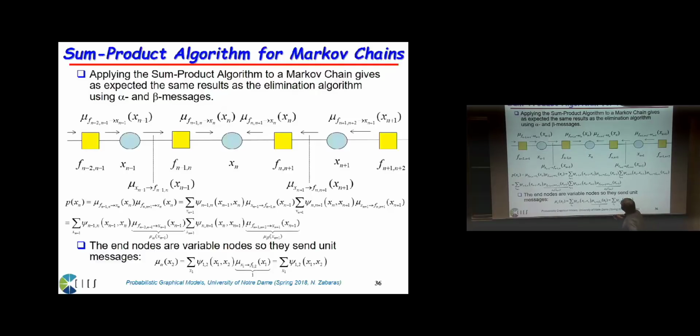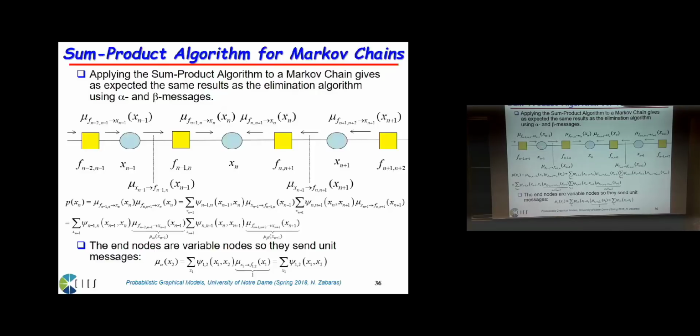So let's look now at this incoming message, which is from node xn minus 1 to this factor. Will you agree that this message is the same as that message? I want to see these messages as messages from factors, so there's no potential here or anything like that. So this message is the same as that message.